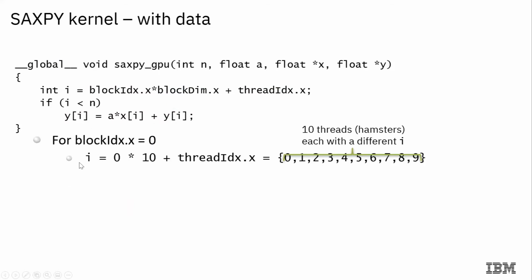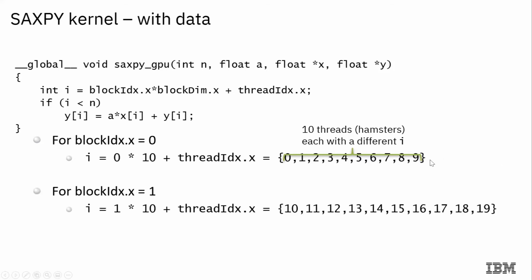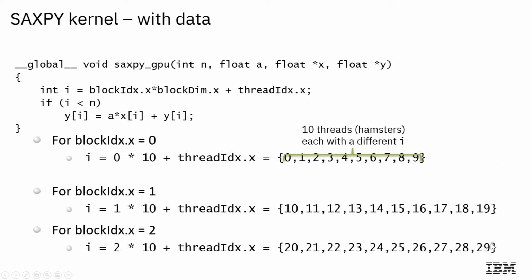So we'll have our first array here running on the first SM, the second array running 10 to 19, and the third running 20 to 29. So we see here that we'll have only 3 SMs used per GPU. So the expected occupancy will be very little.